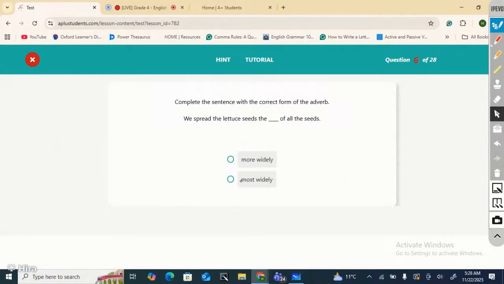We spread the lettuce seeds, the blank of all the seeds: more widely, most widely. Okay, complete the sentence with the correct form of the adverb.